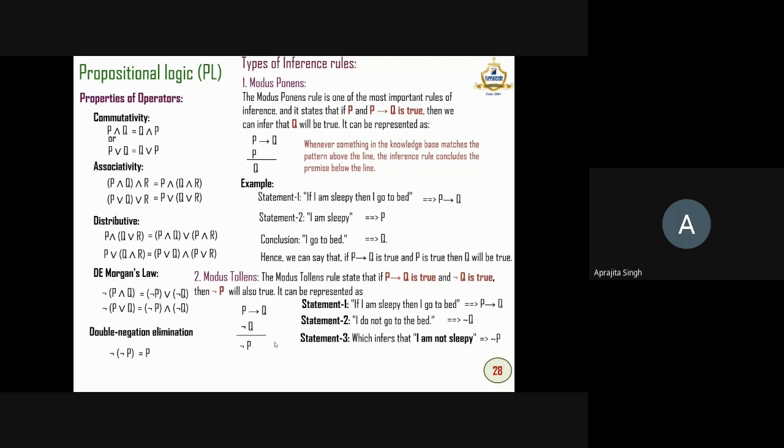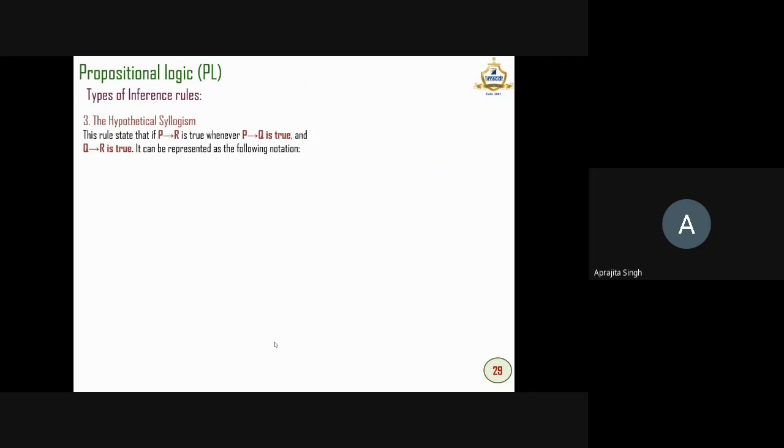So we'll be just using all of them. And there is something called a hypothetical syllogism, wherein the rule states that P leads to R is true whenever P leads to Q is true and Q leads to R is true. Something that we learned in transitivity. Na?